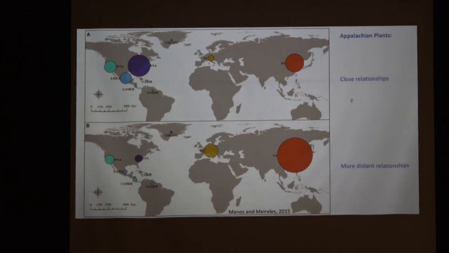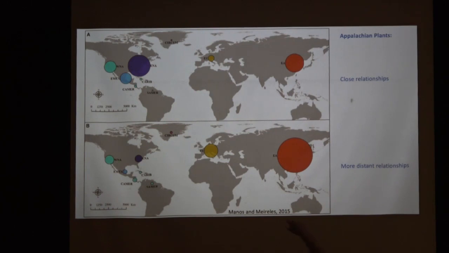And in fact, if we have a look at the relationships between plants, if we look at very close relatives, so a sister species, you have one species, and where would you find the next closely related species? That's the top map up there. And you can see that a fair number are represented. The size of the circles is how many species are that closest relative to species that we find in Northeast America.